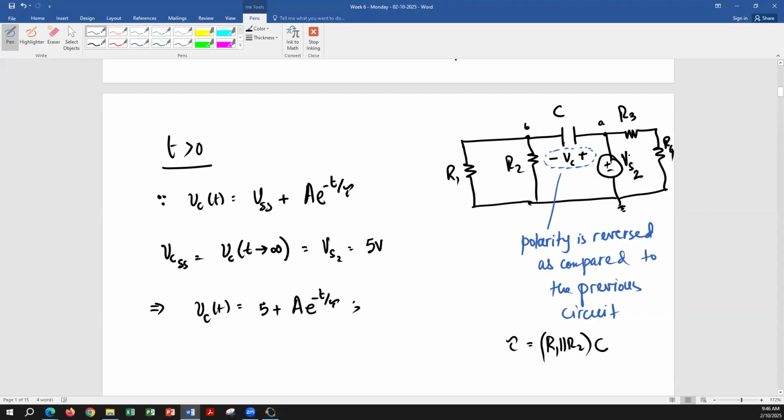That means R3 and R4 in parallel to a short circuit, this whole thing is just going to become short circuit, basically. Any resistance that you put in parallel to short circuit, you take the equivalent of that, it's going to be the short circuit. Okay, so the tau value is going to be, go to my parallel.